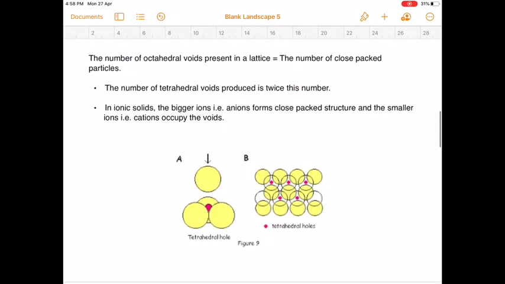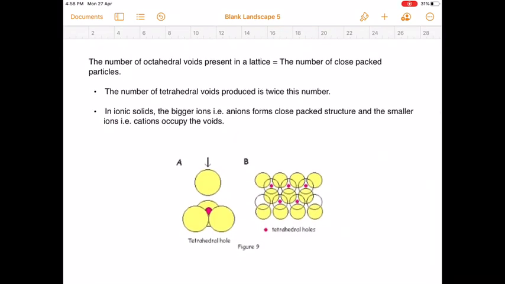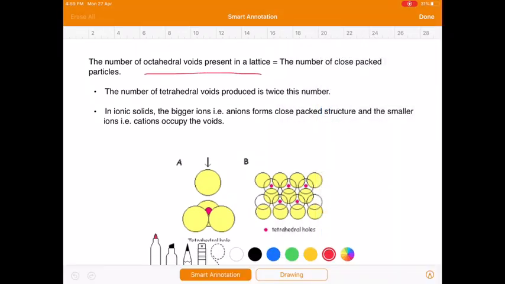Now, let us look at certain facts regarding the number of octahedral voids, tetrahedral voids and the number of close packed particles. First point, the number of octahedral voids present in a lattice is equal to the number of close packed particles.